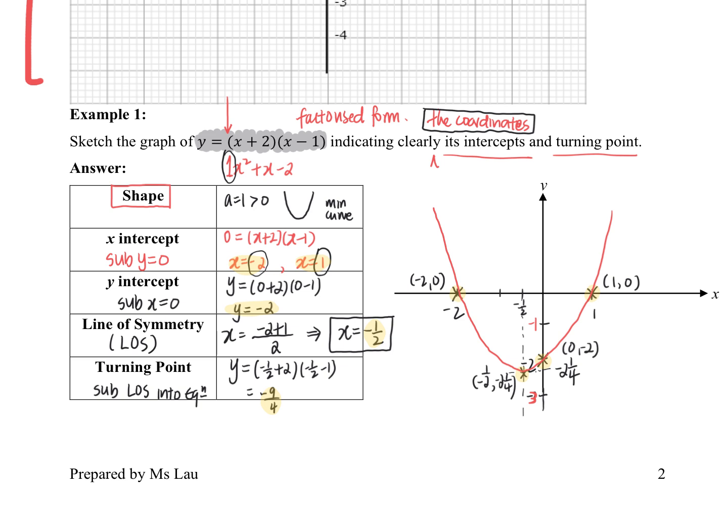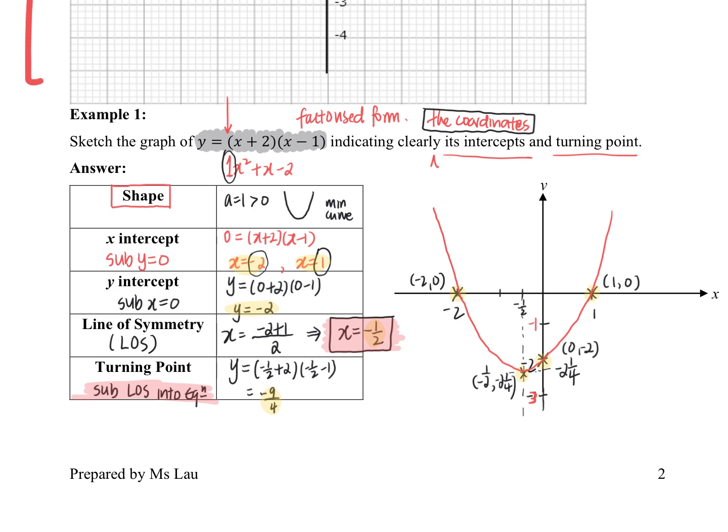Formula for turning point don't have. The thing that you need to know is you need to substitute your line of symmetry into the equation. Okay, and then remember line of symmetry must write it in an equation form. Must write x equals to -1/2. If the question say, can you draw your line of symmetry?